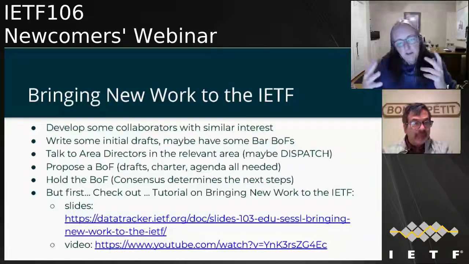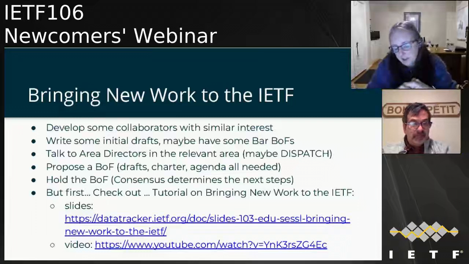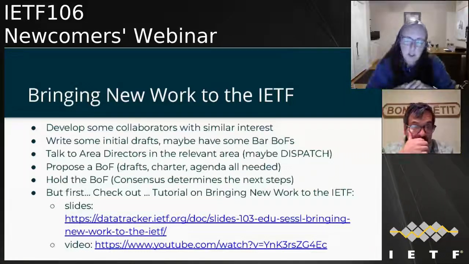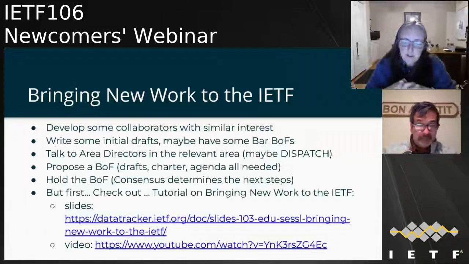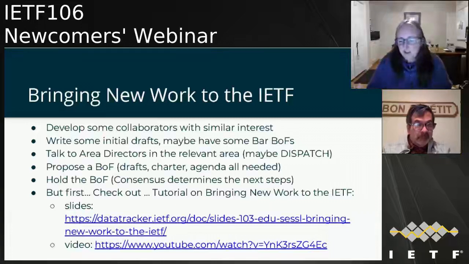So once you have a solid idea, you have a little bit of documentation, you're able to clearly articulate your idea, then you want to talk to the area directors in the relevant area. They might send you to something called dispatch. Some areas now have set up a process or a working group called the dispatch working group, which is a way to quickly decide, if somebody brings in a draft, is it something that needs a new working group?